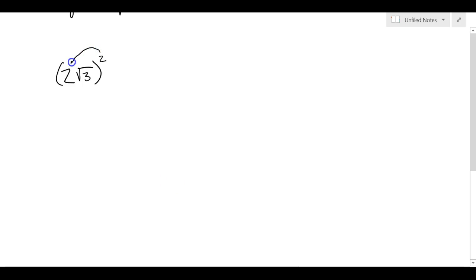What this means is I first have to square 2, and hopefully you remember from your exponent rules, we also have to square radical 3. So what this says is 2 squared times radical 3 squared. Well, 2 squared is 4. Radical 3 squared is 3. That gives me 12.